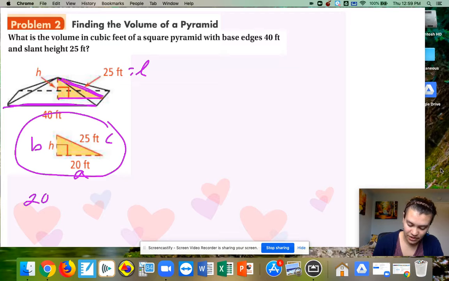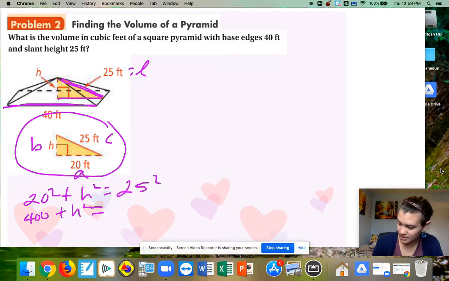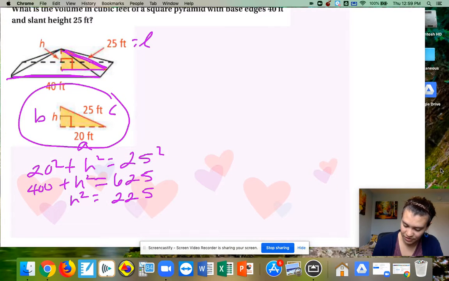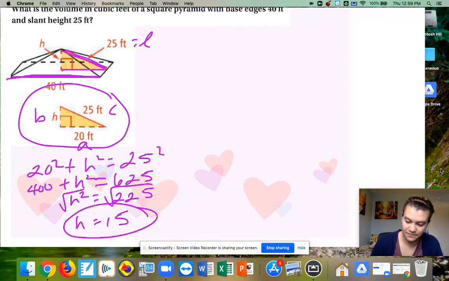So you get 20 squared plus h squared has to equal 25 squared. So 400 plus h squared equals 625. h squared is going to equal 225 by subtracting 400. Take the square root, and h is going to be 15. So that's your height.